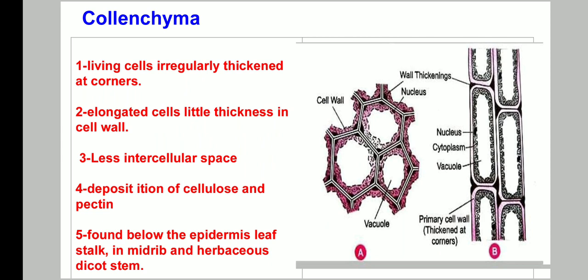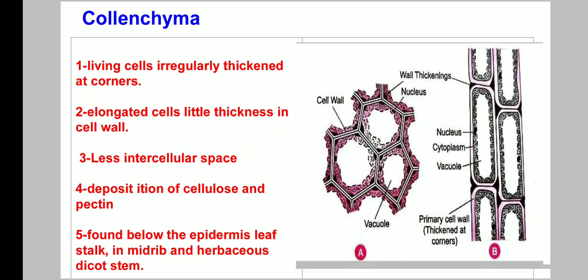The next one is collenchyma. This type of tissue has little differentiation, and the cell wall becomes thicker than in parenchyma. The cells are live cells, as parenchymatous cells are also live cells.